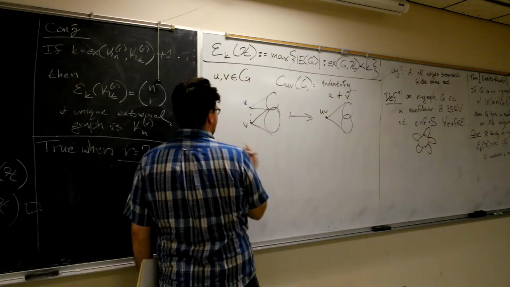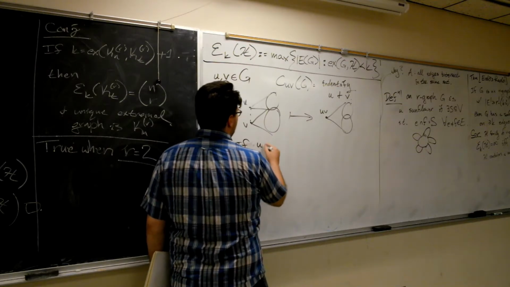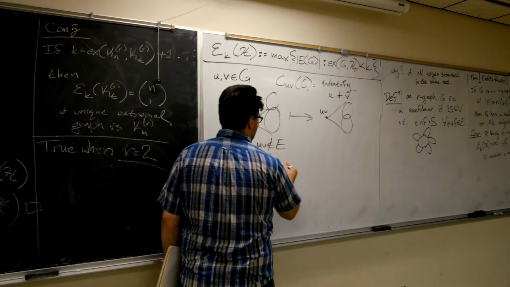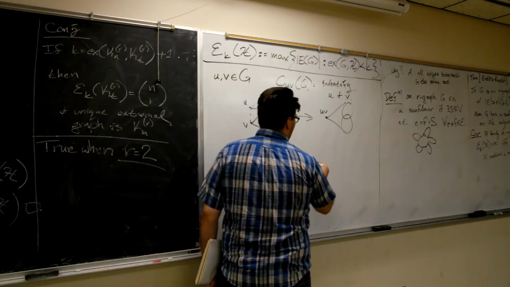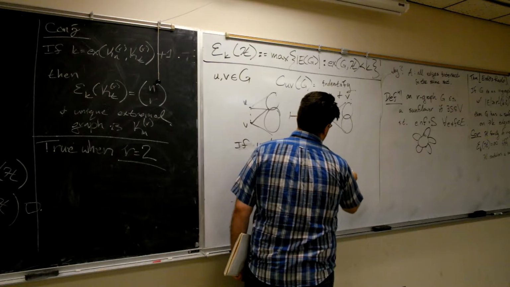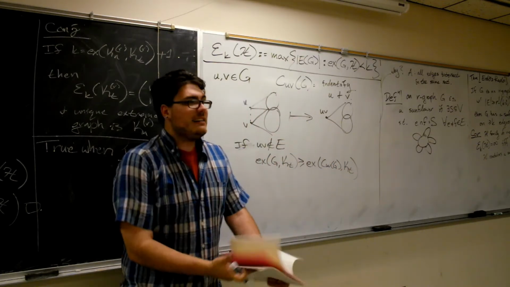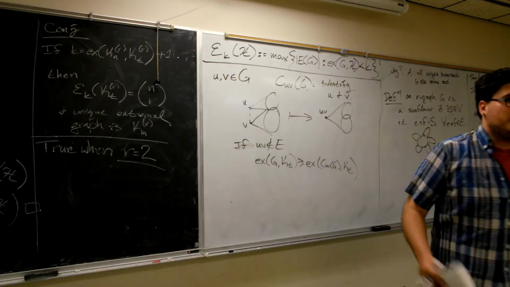One thing we can notice is that if UV is not an edge, and I'm looking for a clique, I can only do better by contracting them. Why? Well, I haven't killed any cliques. Any clique cannot use both U and V, so by contracting them together, I haven't done anything.